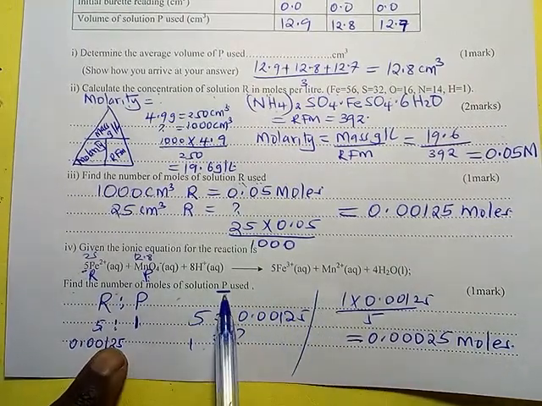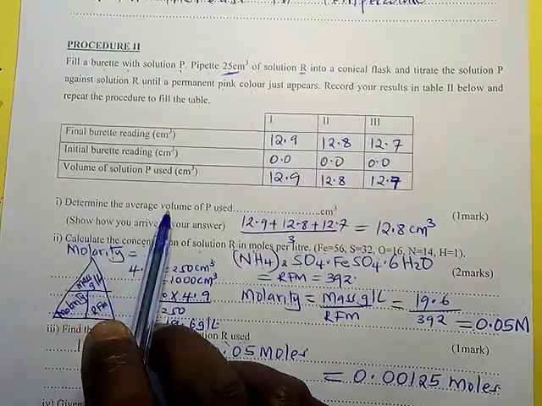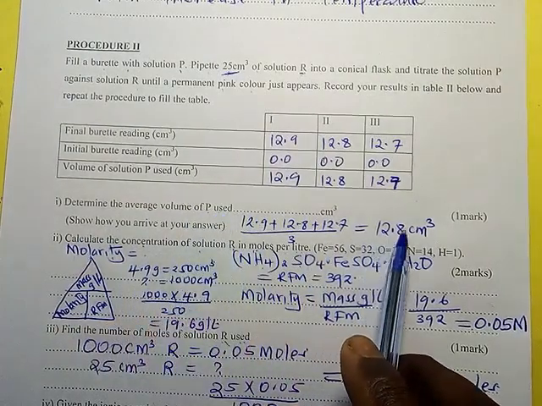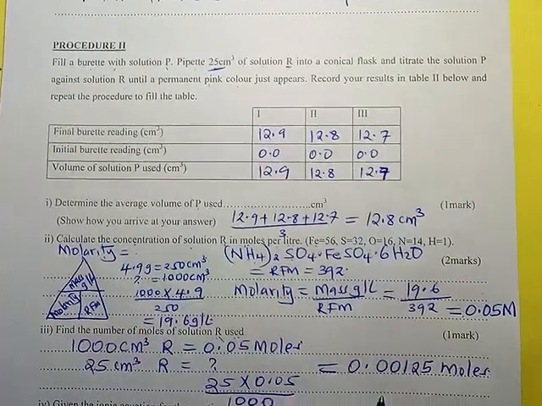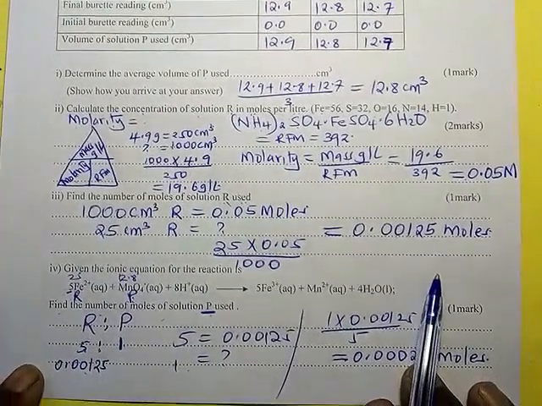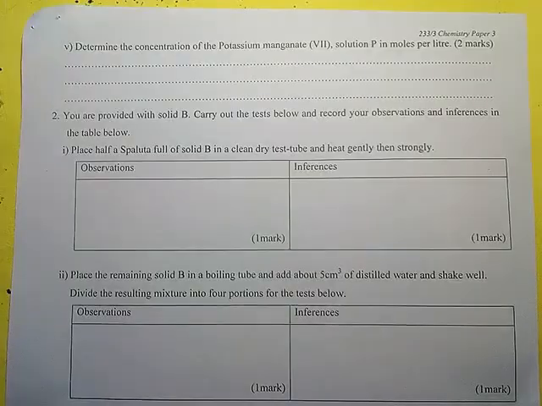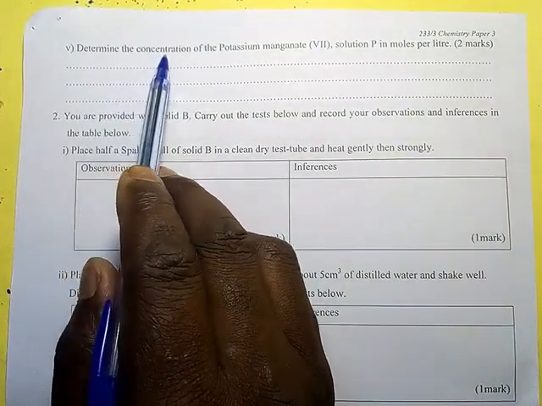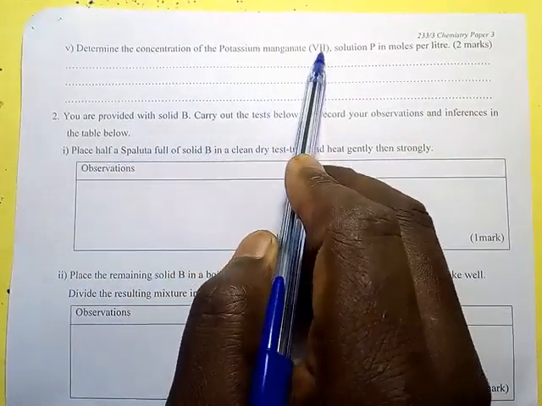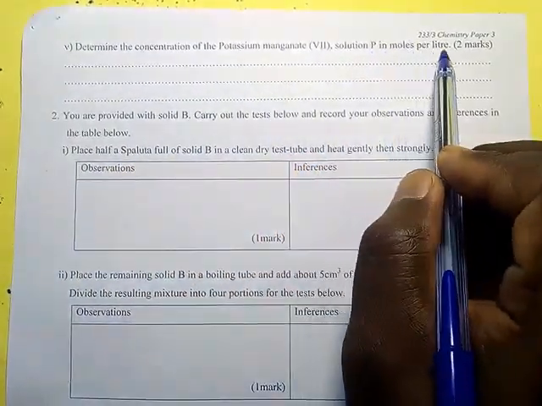So this is the number of moles in P, the volume that was used. What was the volume of P? You go back, determine the average volume of P, and that is 12.8 centimeters cube. That is the volume of P. Determine the concentration of potassium manganate 7 solution P in moles per liter.